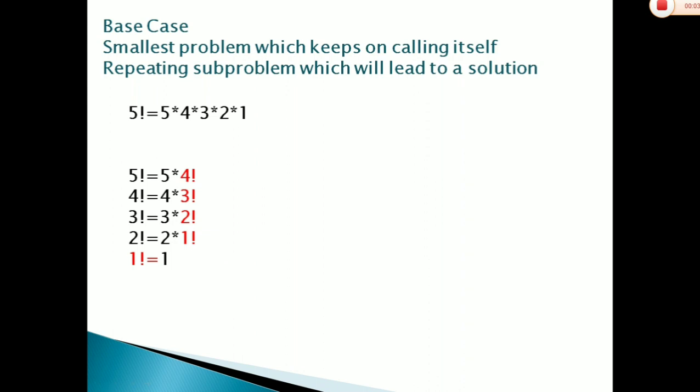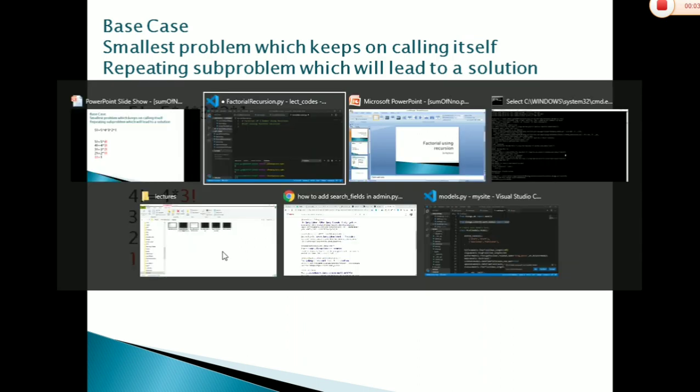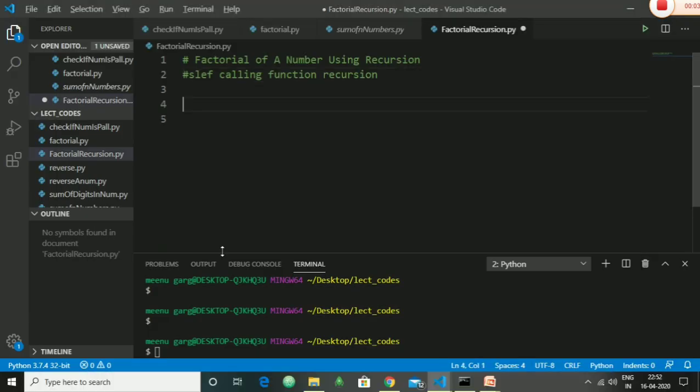So now what will be our base case and what will be our function? Let's see. If we see closely, our small function should be f of n. What is it? n multiplied by f of n minus 1.